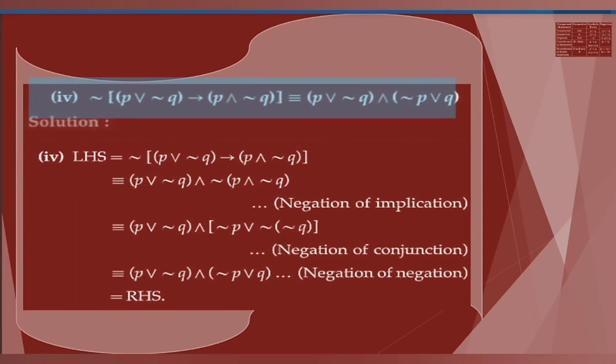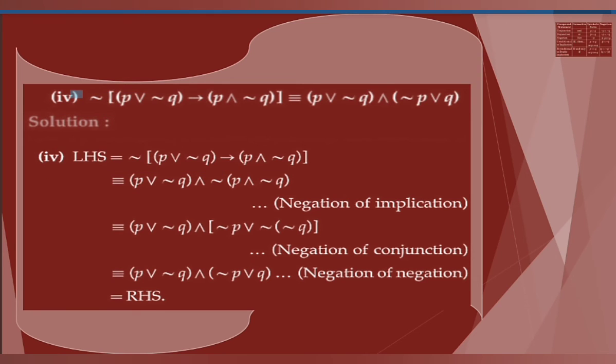Question number 4. Negation of bracket P implies Q, bracket close, is equivalent to P and negation Q. Here the statement is equivalent to this statement. We prove it.